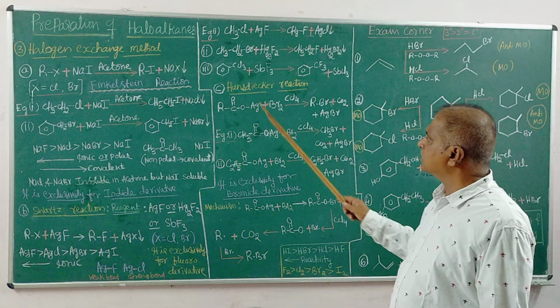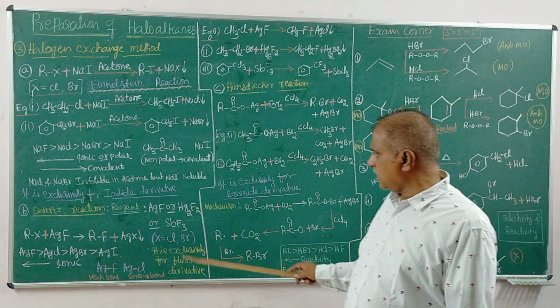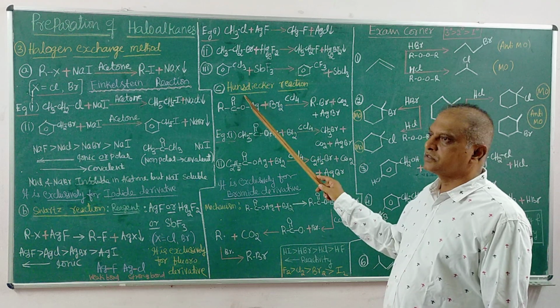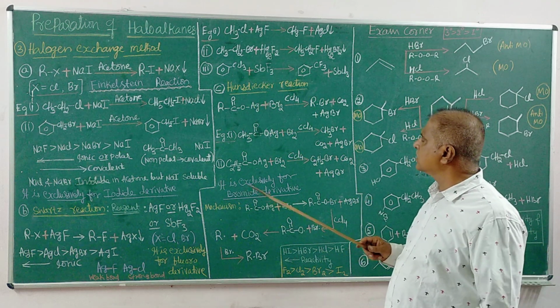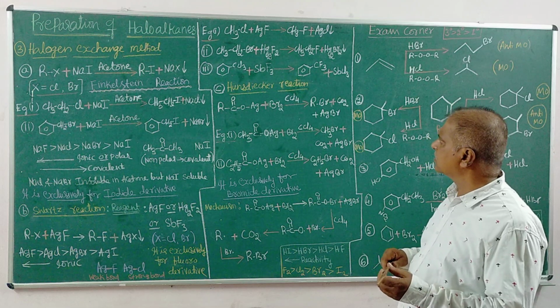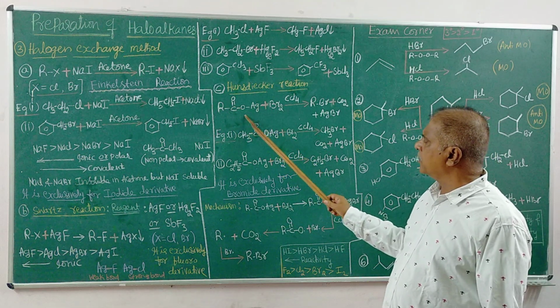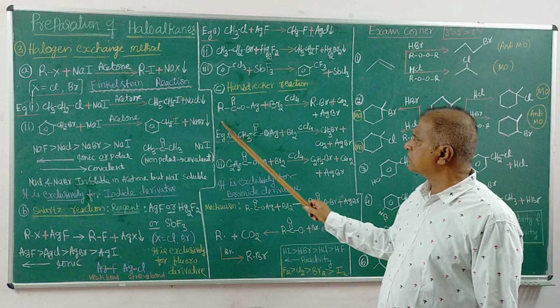And there is one more reaction, that is this reaction. This reaction is called the Hunsdiecker reaction. What is the chemical reaction here? Look at this compound, an organic compound, the silver salt of a carboxylic acid.